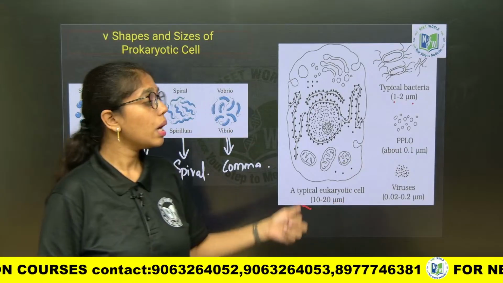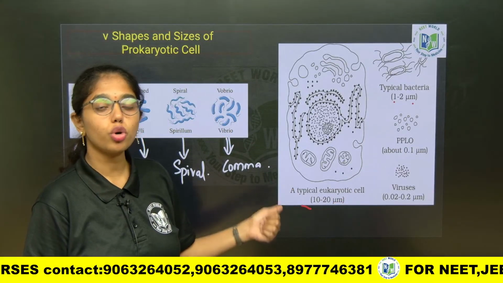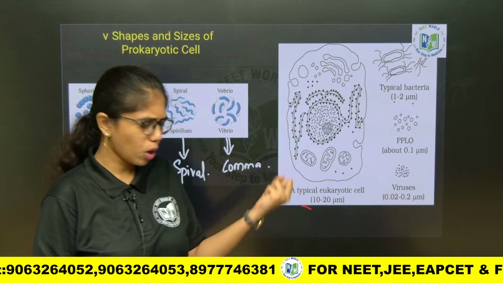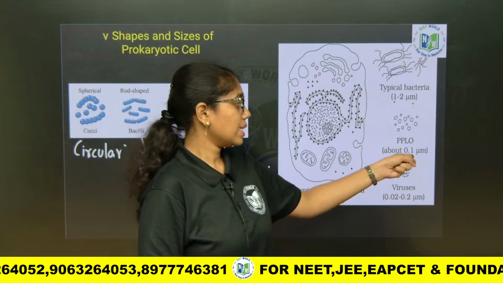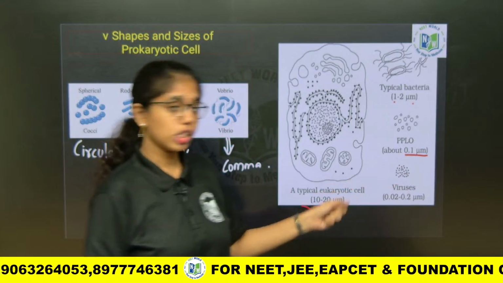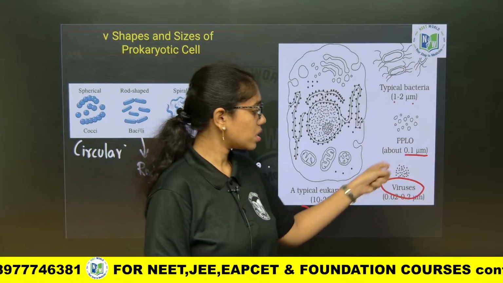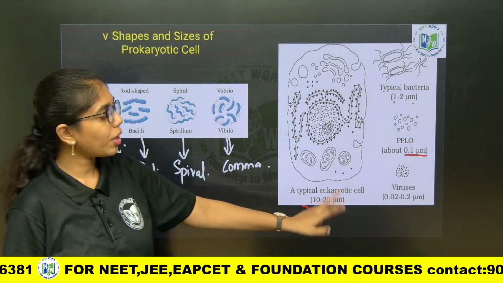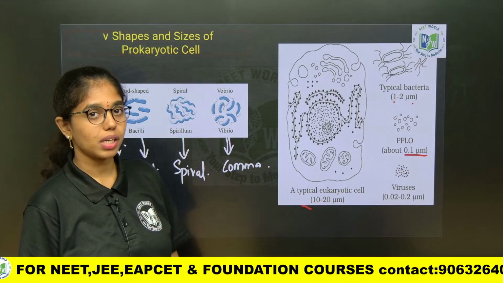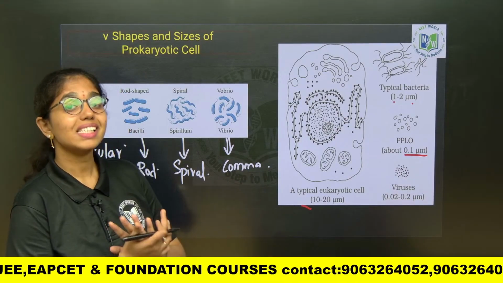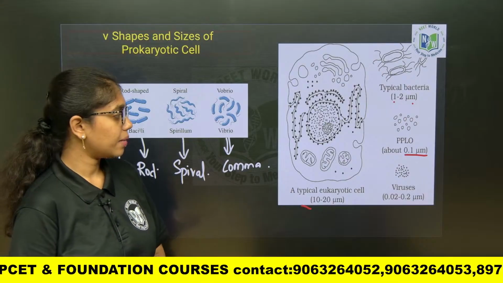PPLO, pleuropneumonia like organisms, comes under mycoplasma, the smallest living cells, at just 0.1 micrometers. Virus is from 0.02 to 0.2 micrometers in diameter. This is about different sizes of the cell.